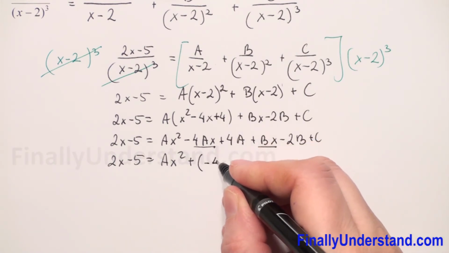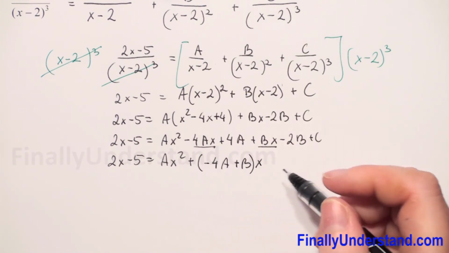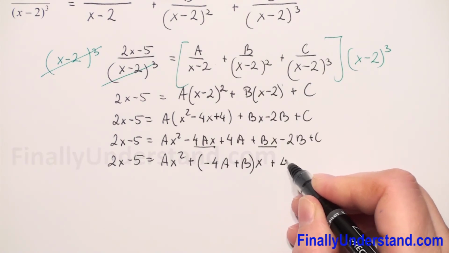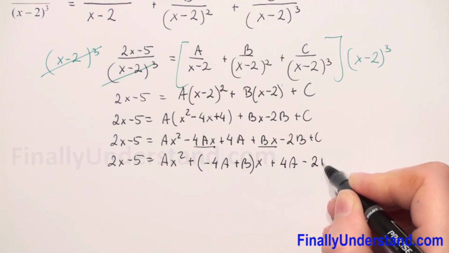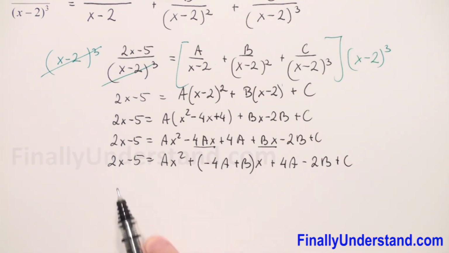So we have negative 4A and positive B times x. And the last is the constant, so 4A minus 2B plus C. And now the left side must be equal to the right side, when the coefficients before x squared, x, and the constants are equal.